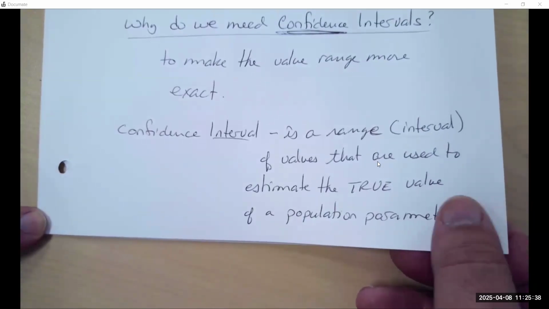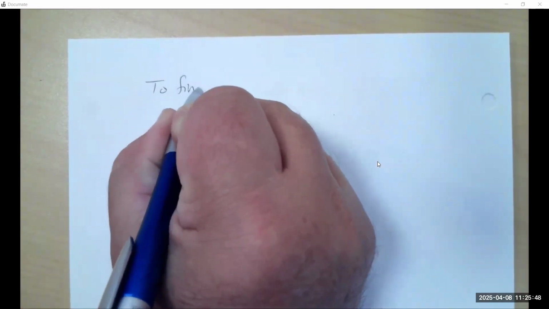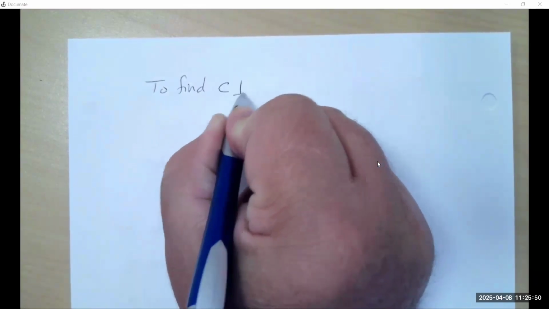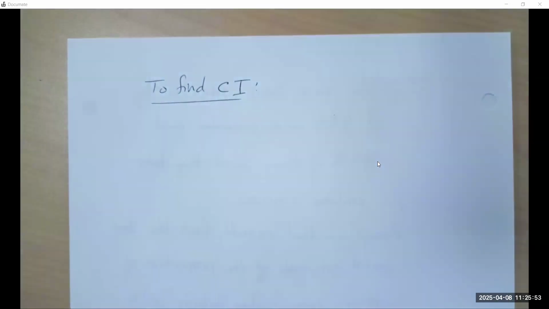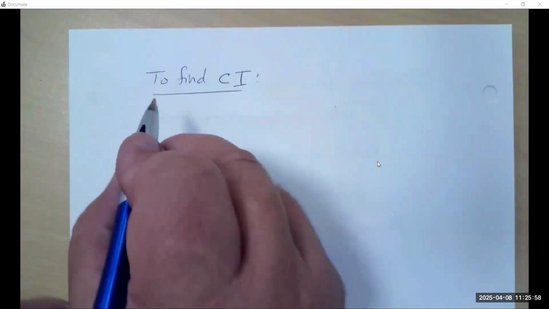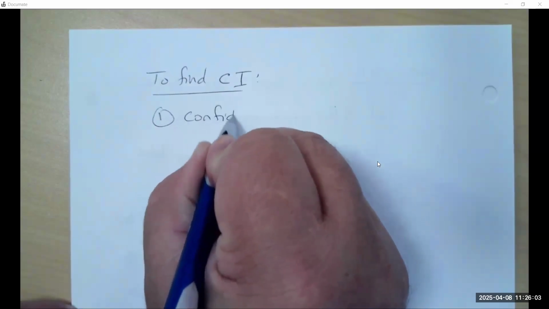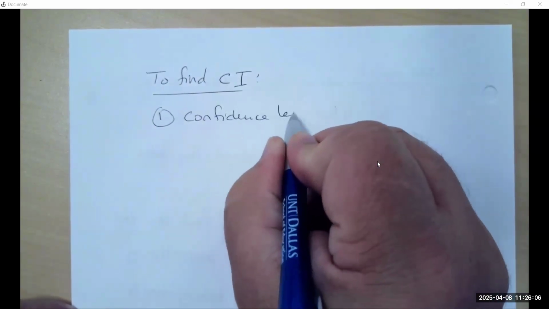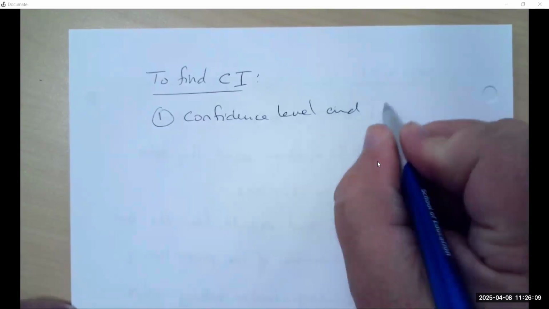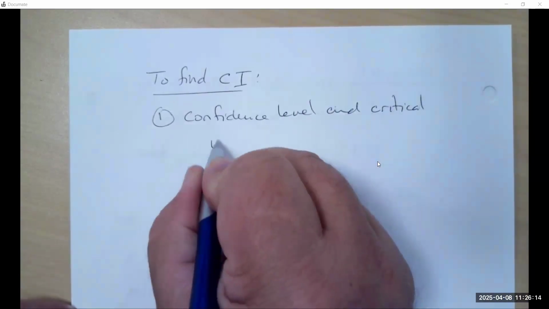How do we find confidence intervals? Just abbreviate confidence interval as CI. It makes it much easier to write that way. We need the confidence level and critical values.